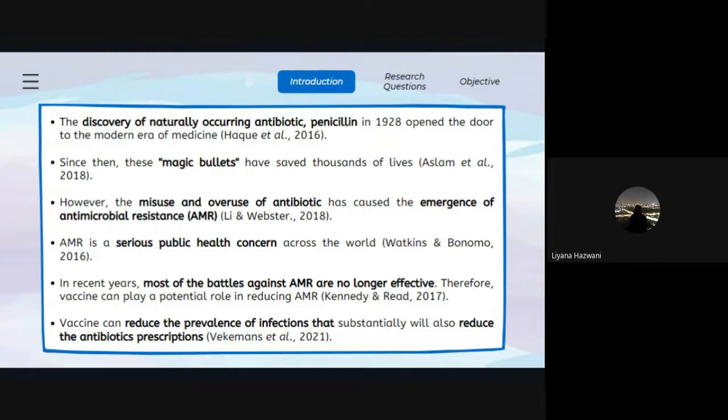However, the misuse and overuse of antibiotics has caused the emergence of antimicrobial resistance, AMR. AMR is a serious public health concern across the world. This is due to the rapid emergence and spread of resistant pathogens. In recent years, most of the battles against AMR are no longer effective. This is because when a new antibiotic is introduced, the bacteria will quickly evolve and develop resistance against it.